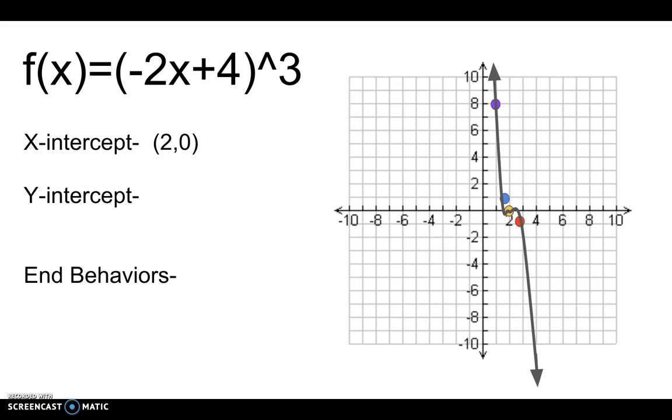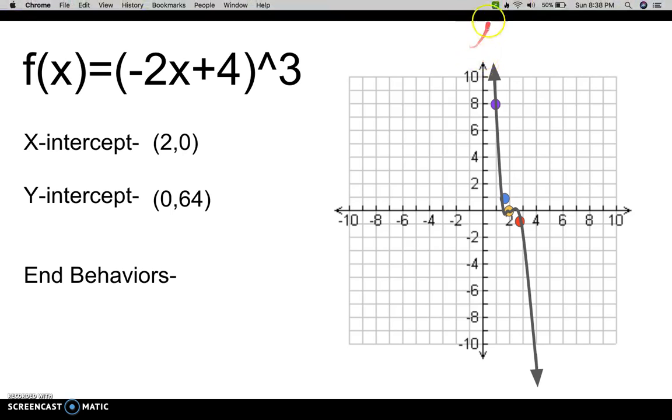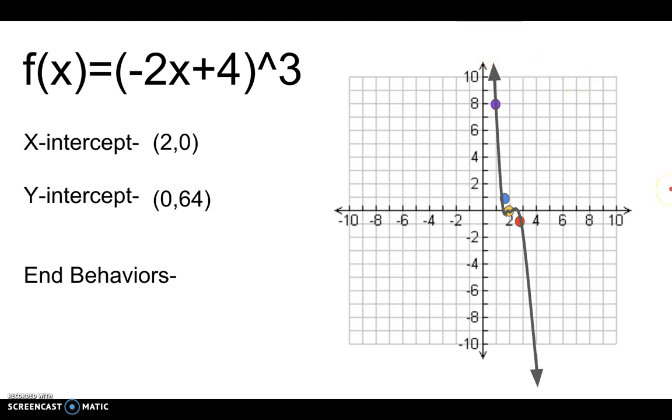So we substitute 0 in for x because that's where it is on the x-axis. And so when we do that, we end up with 0 comma 64, which again isn't shown here because our graph only goes to 10. So if you just picture it going way, way up, that's where it will be.